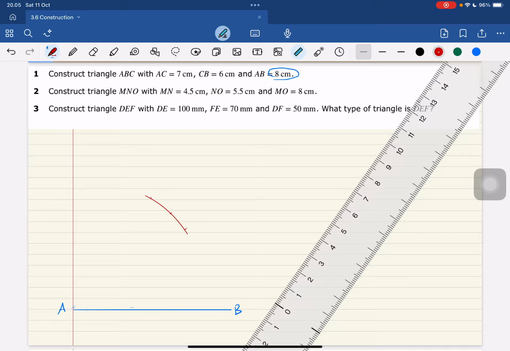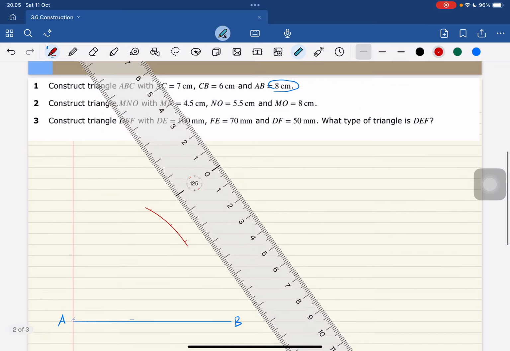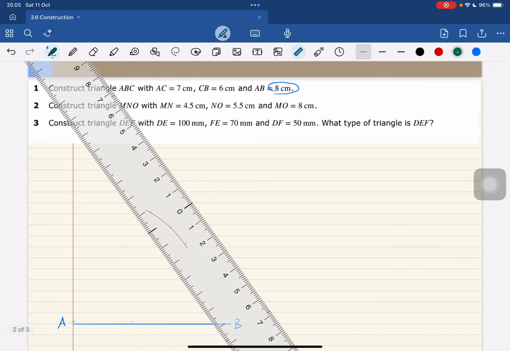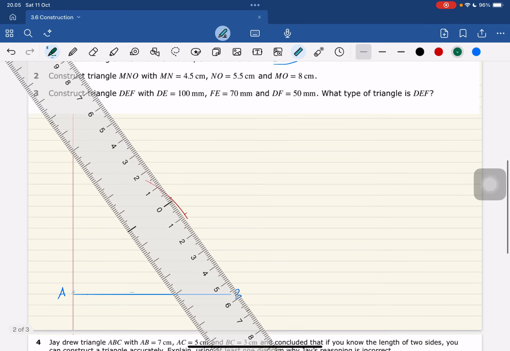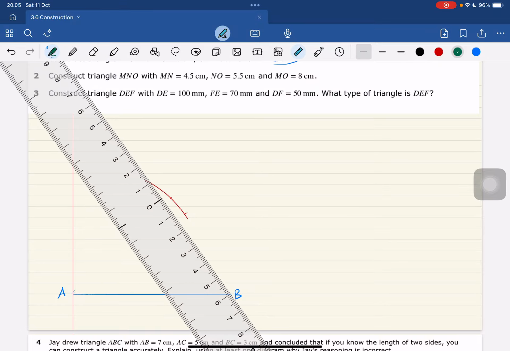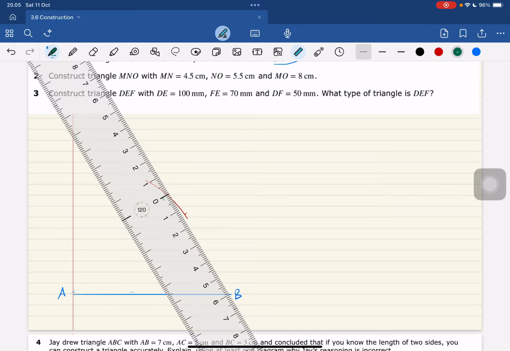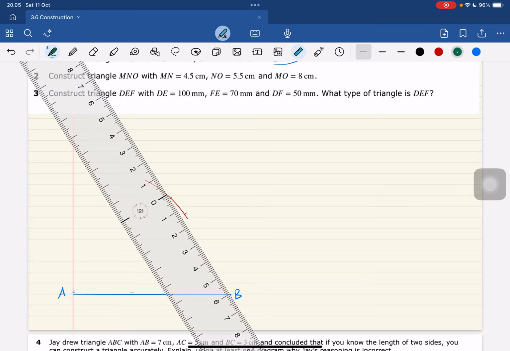Next, let's find CB, 6. So it can be here for C. I think here C is fine.